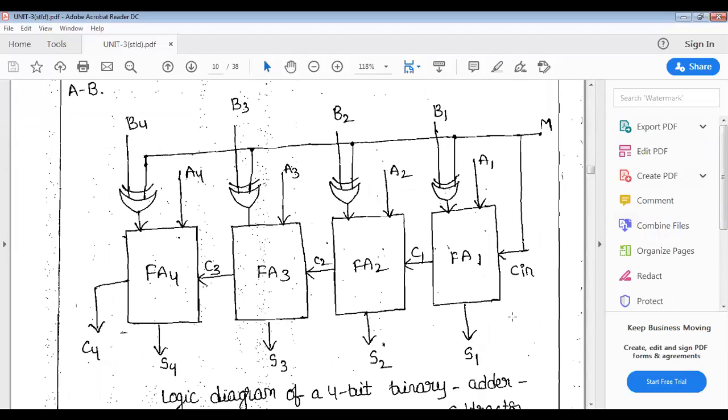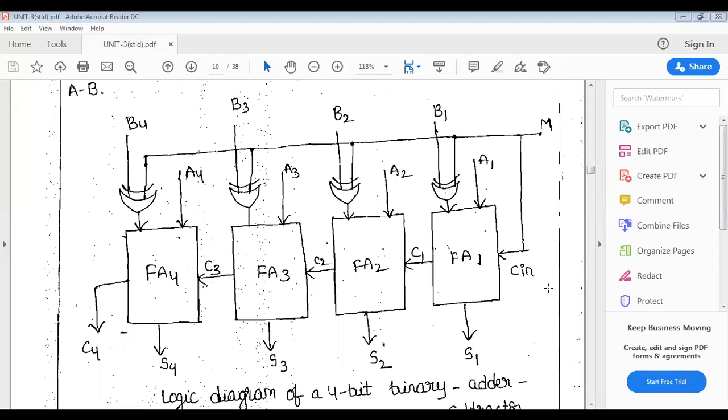This is a block diagram having 4 full adders: full adder 1, full adder 2, full adder 3, and full adder 4. Each full adder takes the bits from the LSB to the MSB.